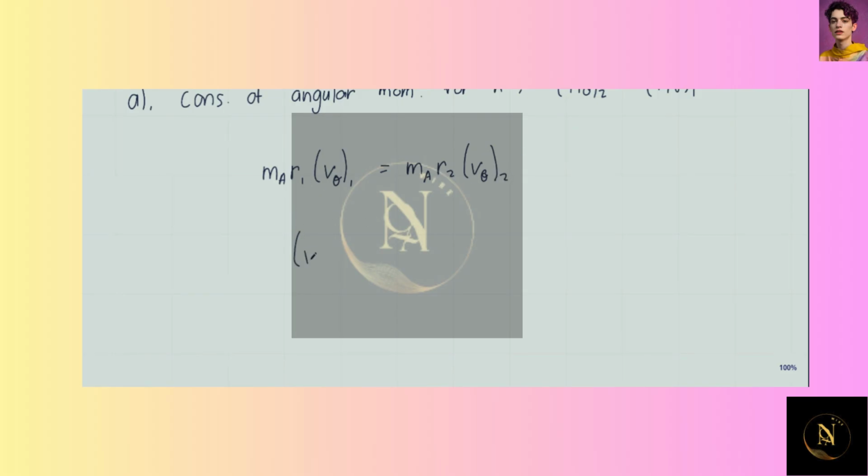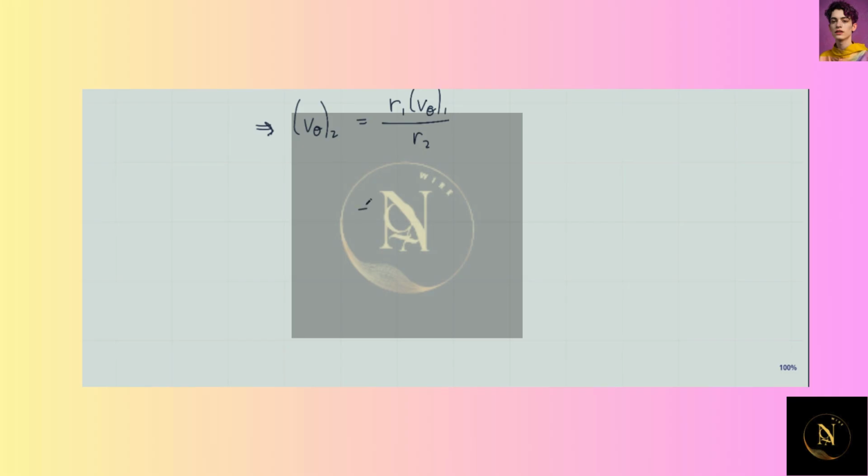And so we can rearrange this and we can find V theta in state 2. So V theta in state 2 is equal to R1 V theta 1 over R2. And this is equal to R1 squared, we'll replace V theta by R theta dot, so that's R1 squared theta dot 1 over R2.